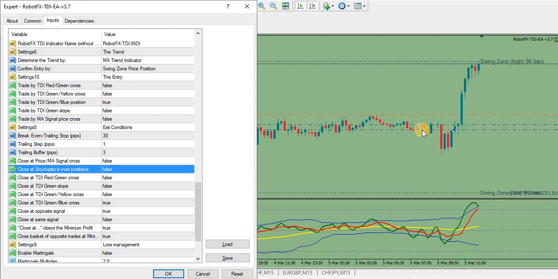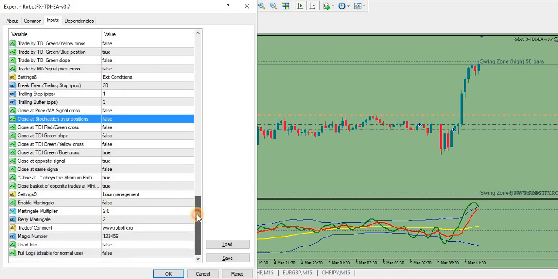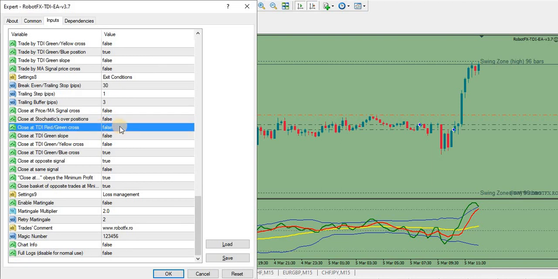So now we are buying. Obviously, we will close the trade when the stochastic is in overbought position. Not when it is in overbought, but when it has been in overbought and falls back. That's the criteria. Then we have the option to close the trade when the red-green cross.